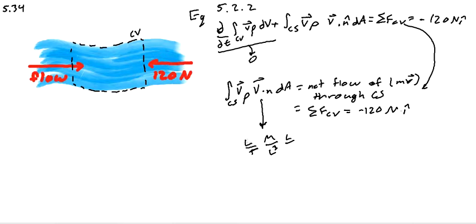So we've got length per time. This is meters per second times kilograms per meter cubed. That's density. Again, times the velocity times a direction times the area. That's where that bit comes from.